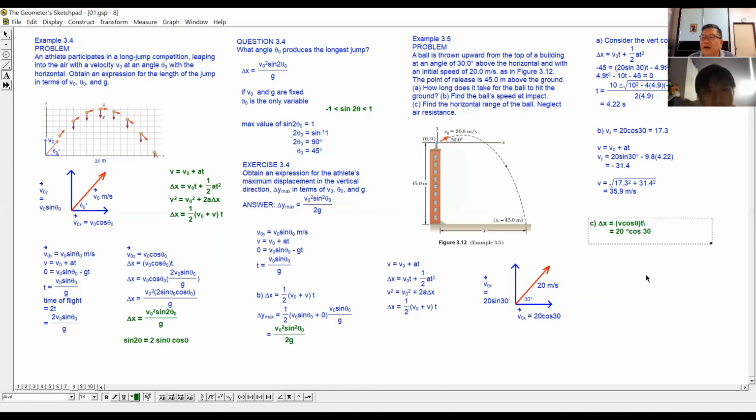20 cos 30 degrees, and multiply with the time, 4.22. Can you use your calculator to find out how much this is? 20 cos 30, then multiply with 4.22.